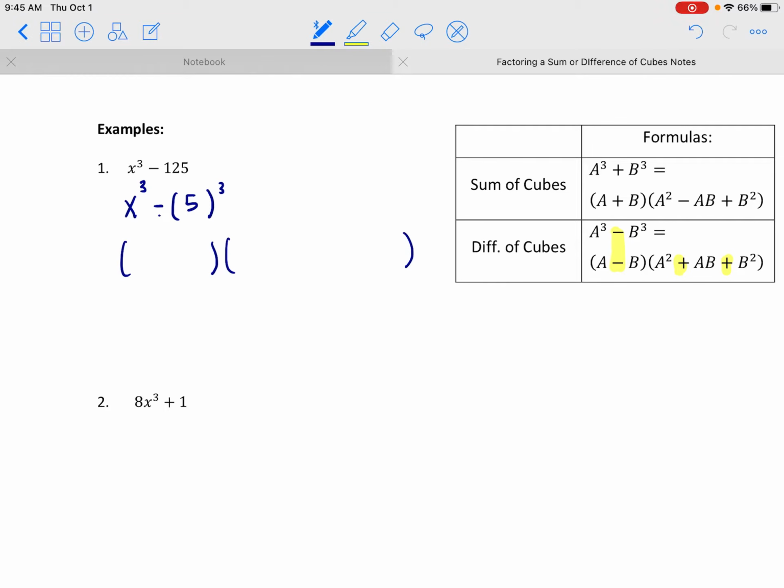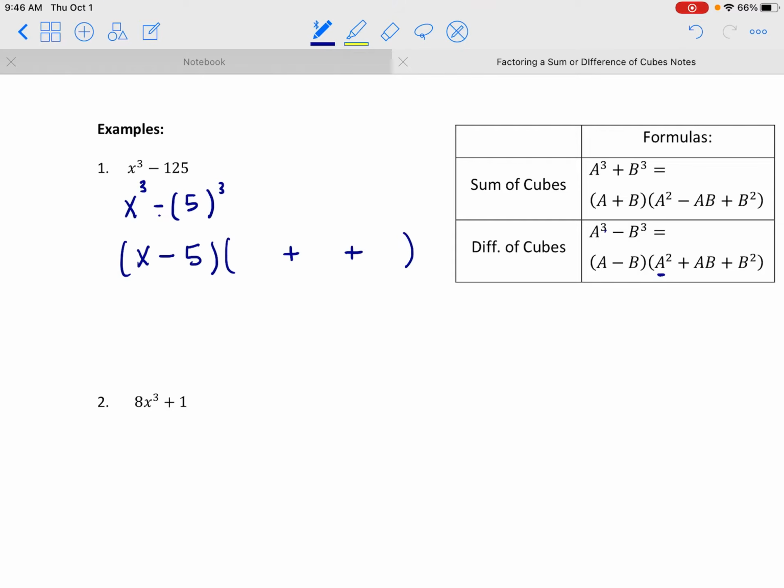So if this is a minus, I'm going to put a minus here, then the opposite sign, and then my last one's always positive. Into my binomial go the bases of the cubes, just the a and the b, not the cubes. The base of my cube here is x, that comes down, and the base of my cube here is 5, that comes down.